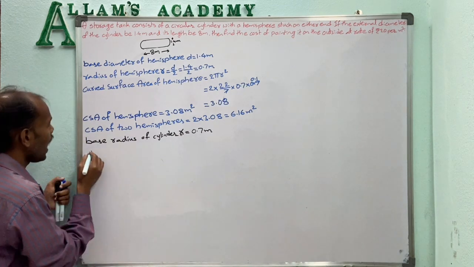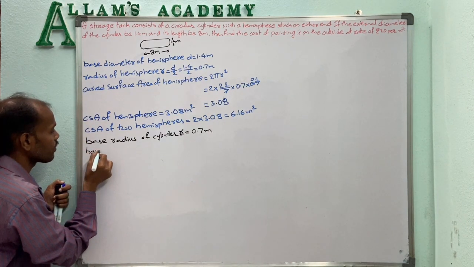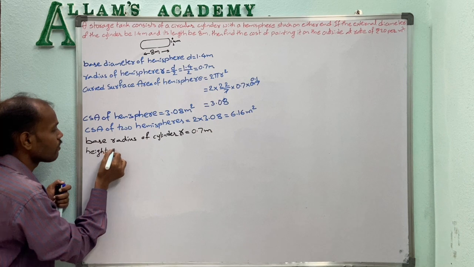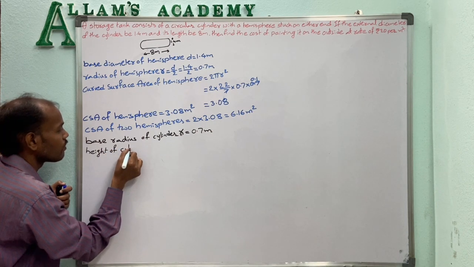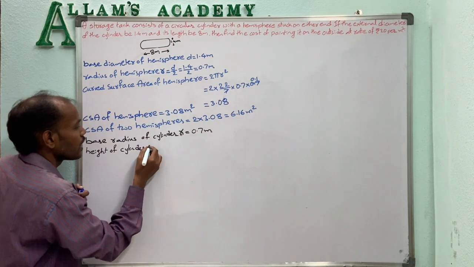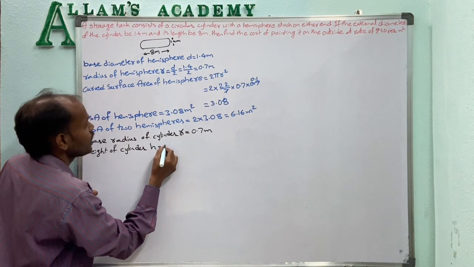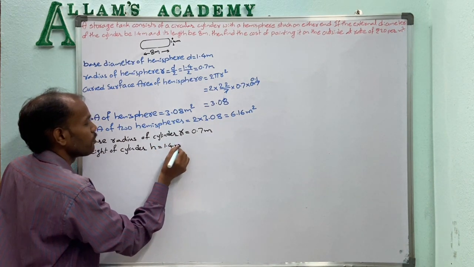Next, the height of the cylinder is h equal to 8 meters.